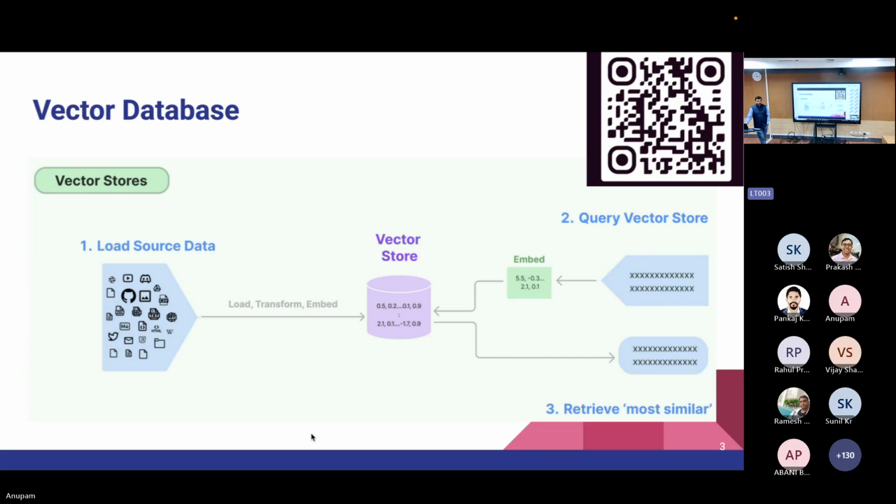Then you will go for open source vector databases like FAISS. And if you say you don't want to manage and maintain it, then you can go for paid ones, like Qdrant vector database. If there are any questions related to vector databases, we can hold them, because I'm going to get into that.